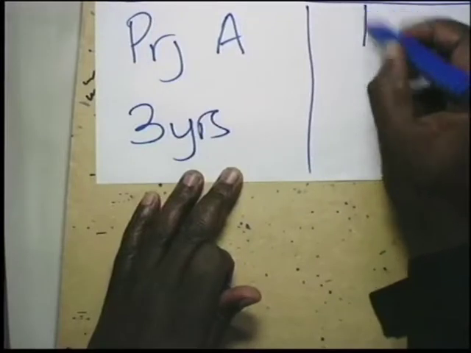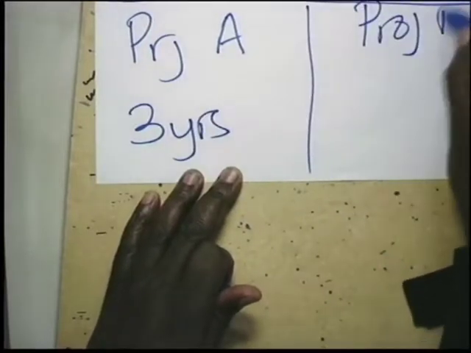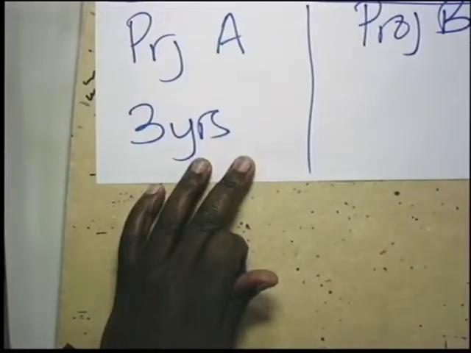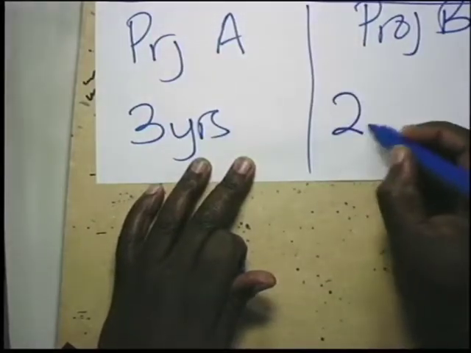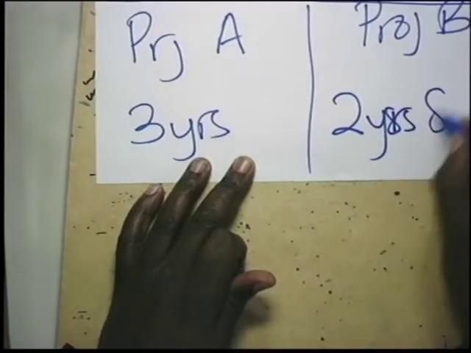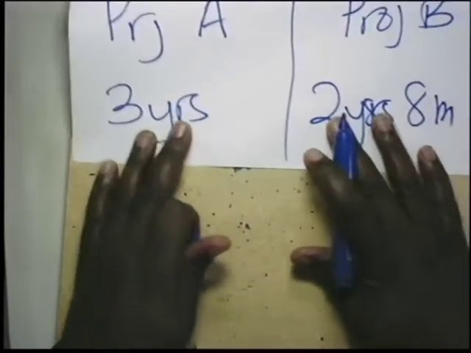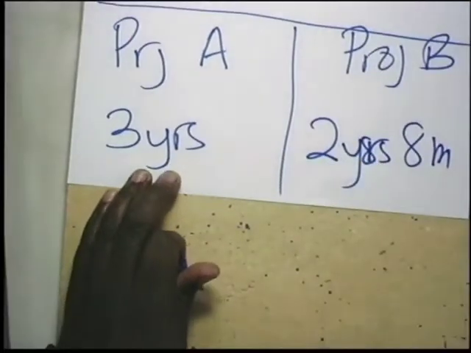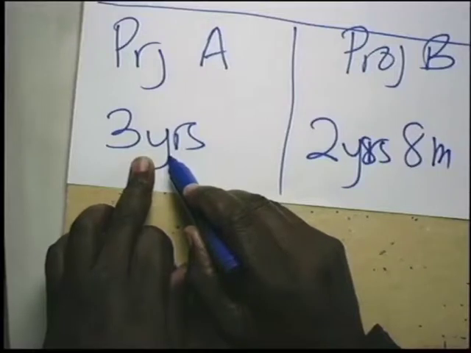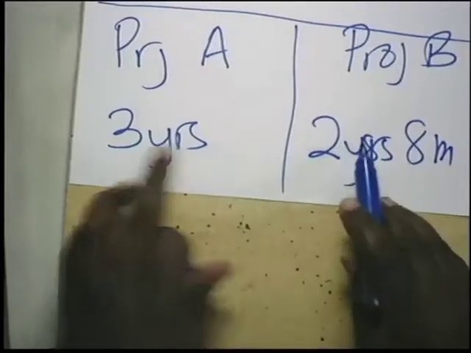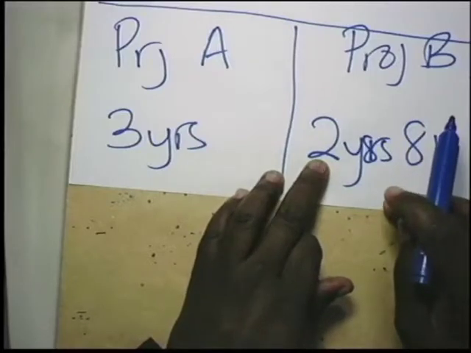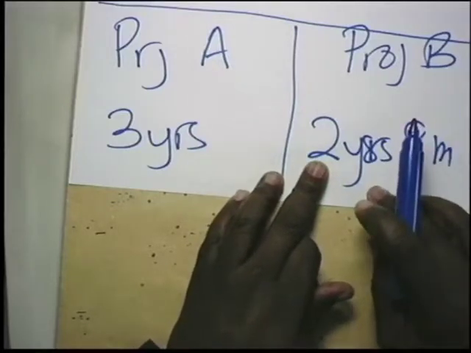Then project B, its payback period was 2 years, 8 months. Now, when you look at these two, project A is taking longer to recover the money invested in it. Project B takes a lesser time to recover the money invested in it.